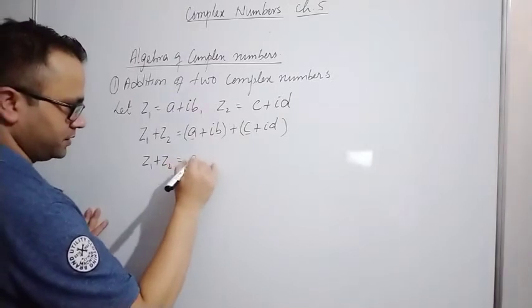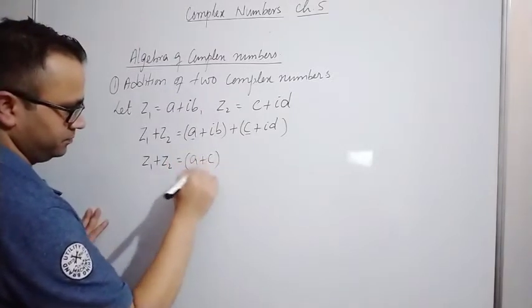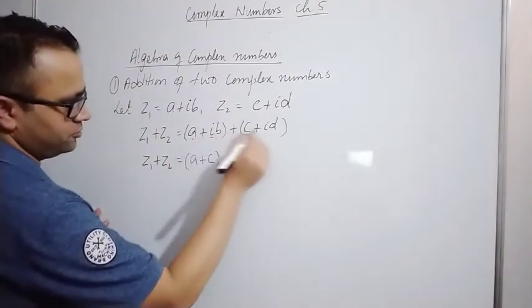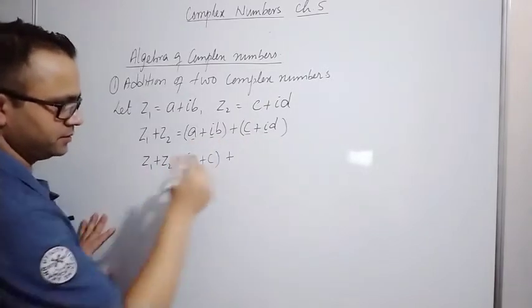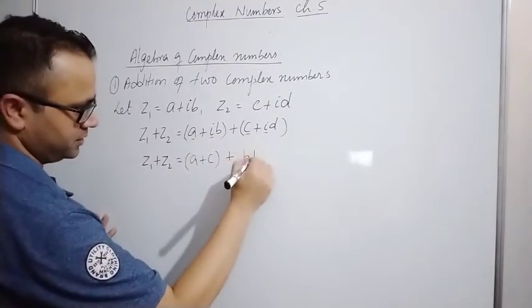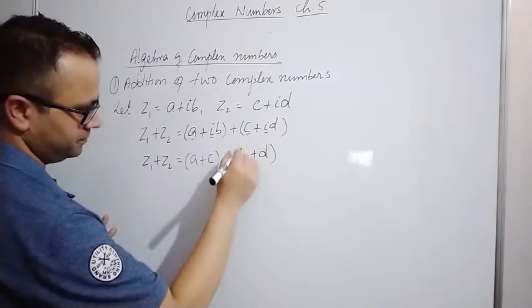So a plus c. Now here i is common from the imaginary part. So b plus d, times i.